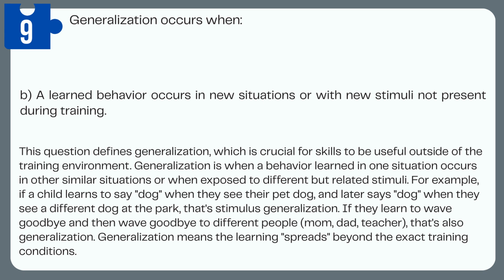For example, if a child learns to say dog when they see their pet dog and later says dog when they see a different dog at the park, that's stimulus generalization. If they learn to wave goodbye and then wave goodbye to different people, mom, dad, teacher, that's also generalization. Generalization means the learning spreads beyond the exact training conditions.